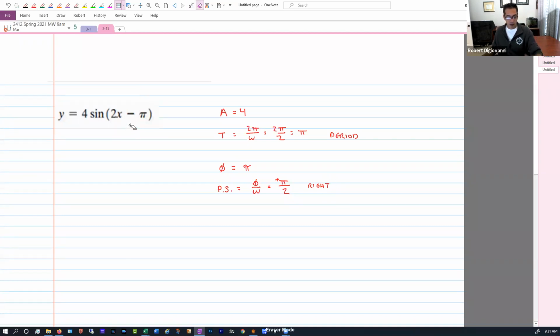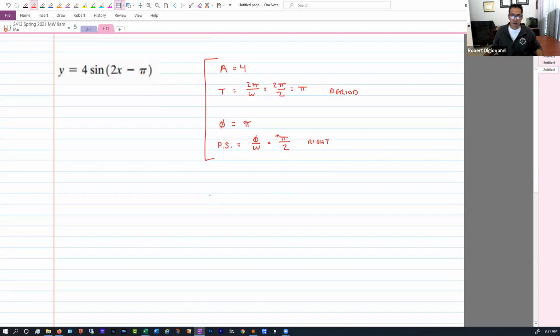Now, okay, you ready? This is just me identifying all the different pieces. We have amplitude, we have period, we know the phase shift, we got everything in order, right? Now what we need to do is draw the graph. So here's what I want to do. We are going to figure out right now where this sine curve starts and stops. One period.